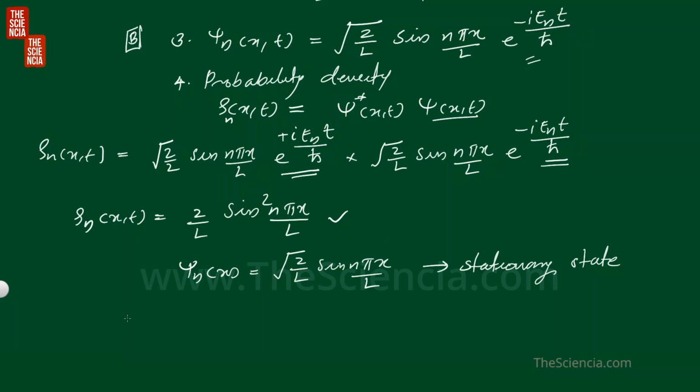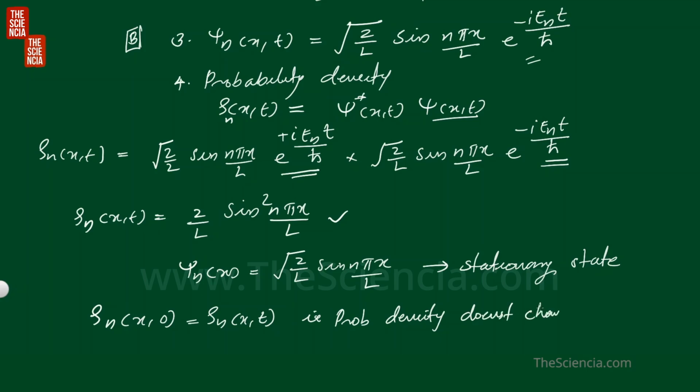That is, if this is a stationary state, then rho n of x0 will be equal to rho n of x, t. That is, the probability density does not change with respect to time.